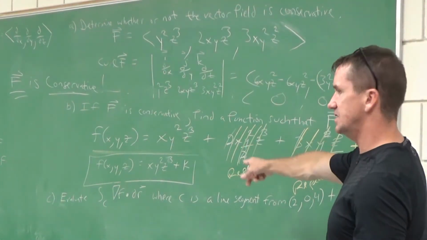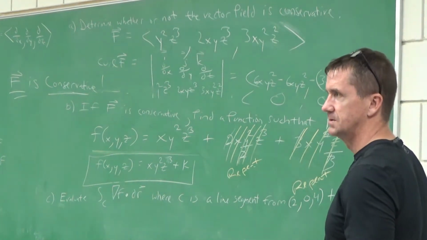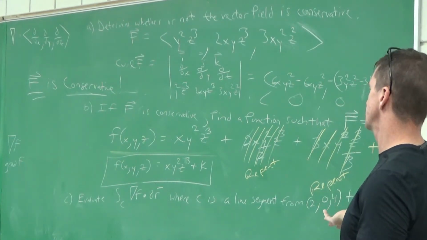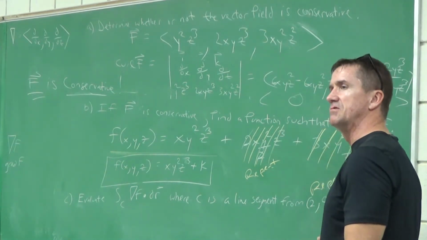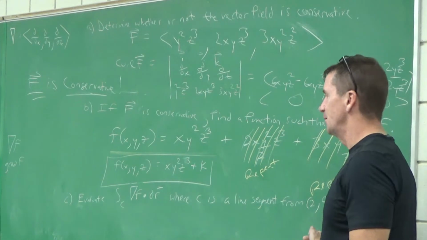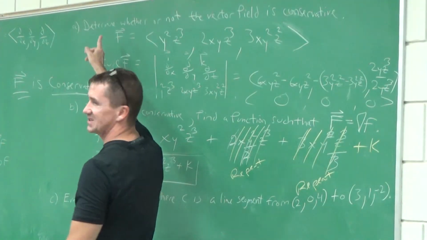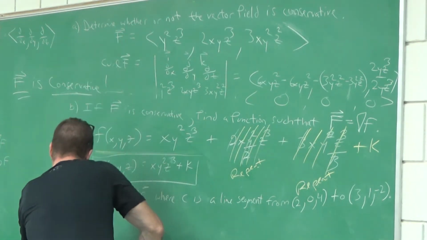You're like, really? That function can go through those points? Sure. I just picked x, y, and z points, right? The function exists at those. This should be real easy, because by the fundamental theorem of line integrals, if the vector field is conservative, let's use it.